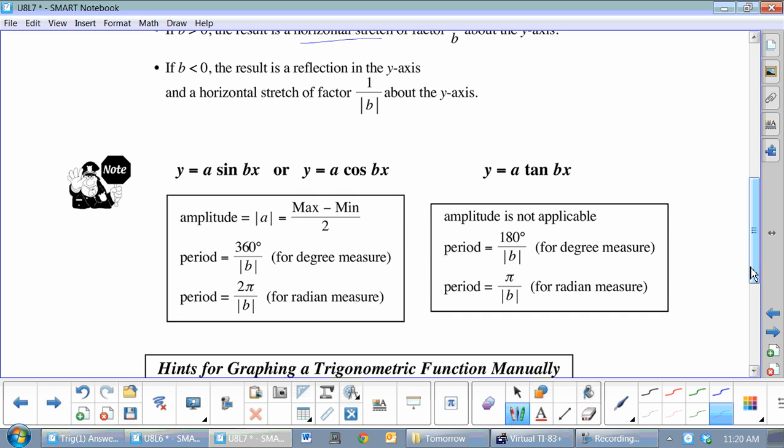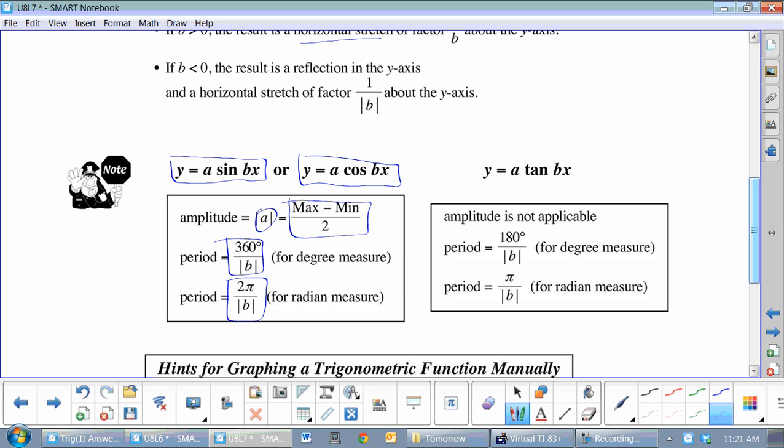Now, if you have y equals A sin BX, or y equals A cos BX, how do you find A? That's the amplitude. You can go max minus min over 2. We did that already. Okay? How do you find the period? The period is just take 360 divided by B. If it's in radians, 2 pi divided by b.